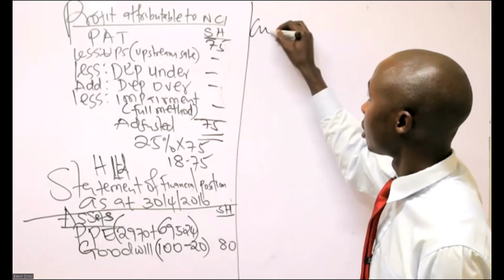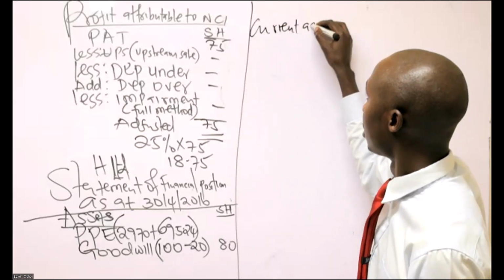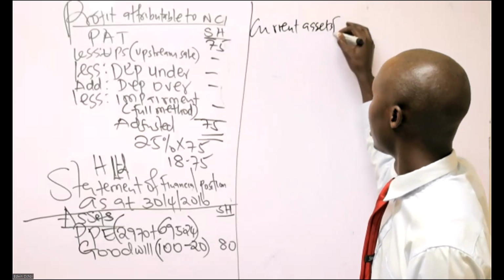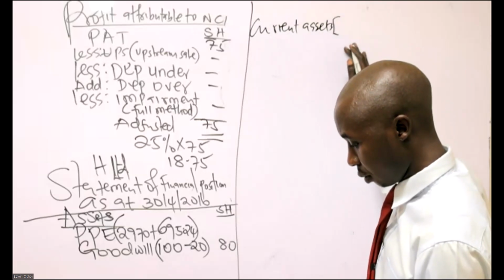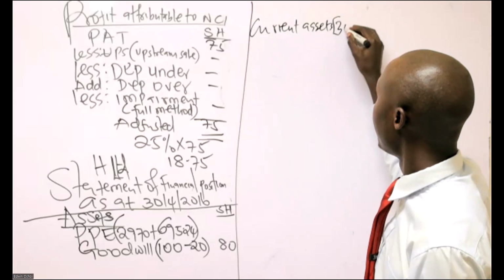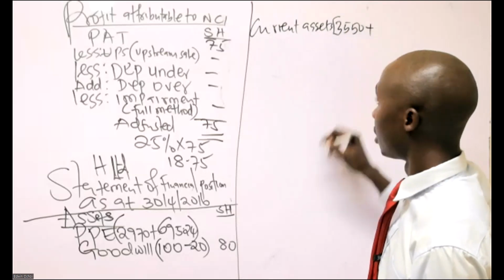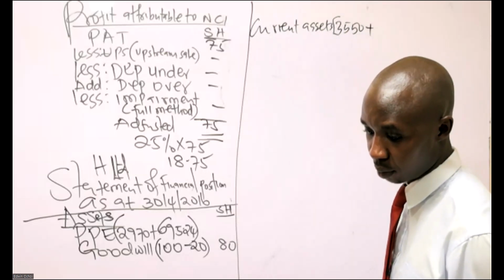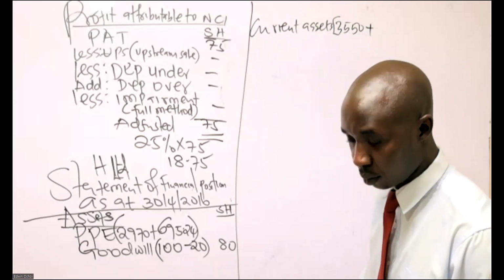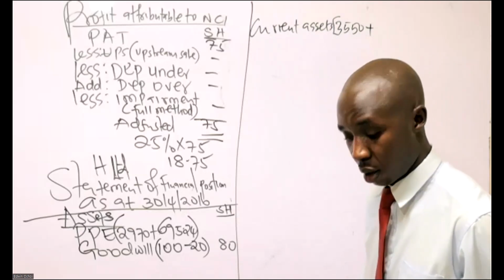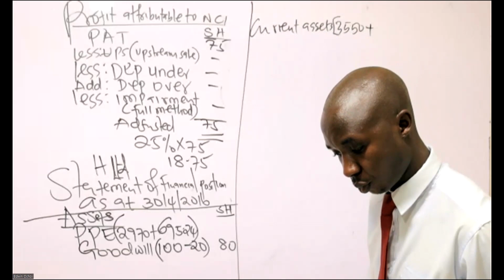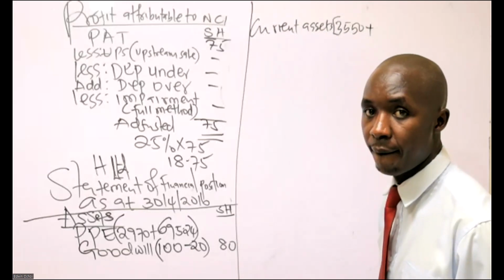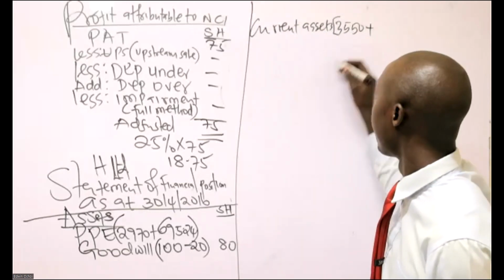So current assets, $35.50 plus the translated current assets, the translated one 485.7.